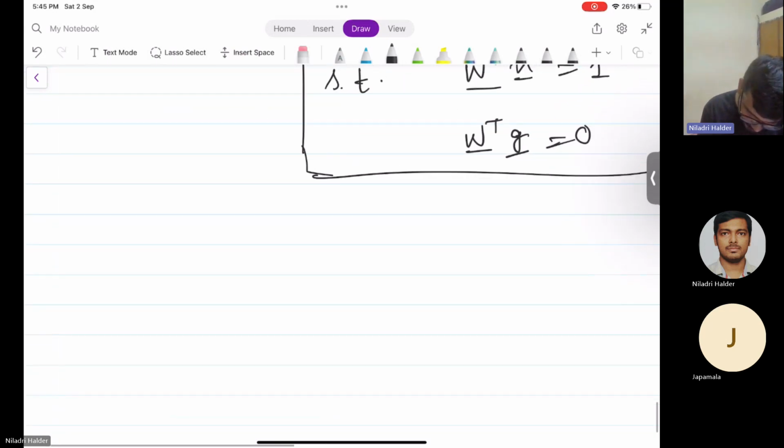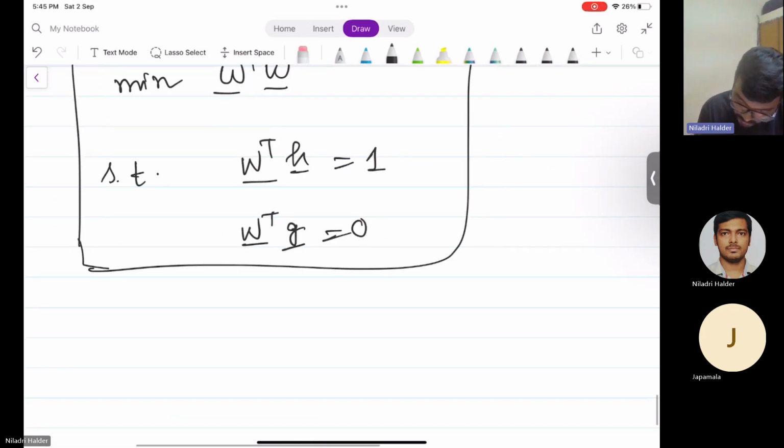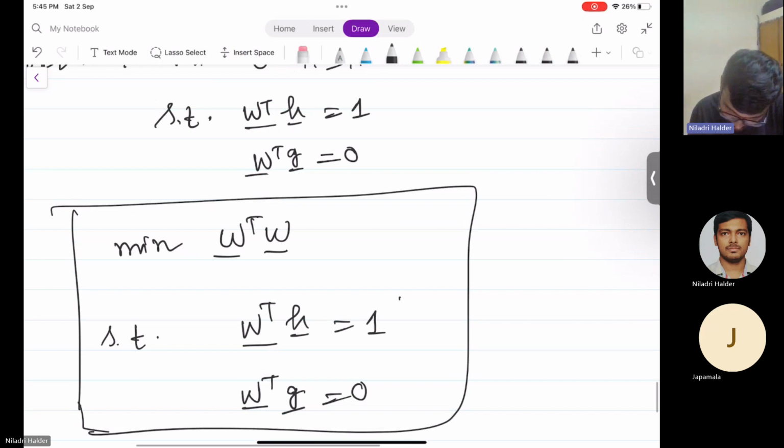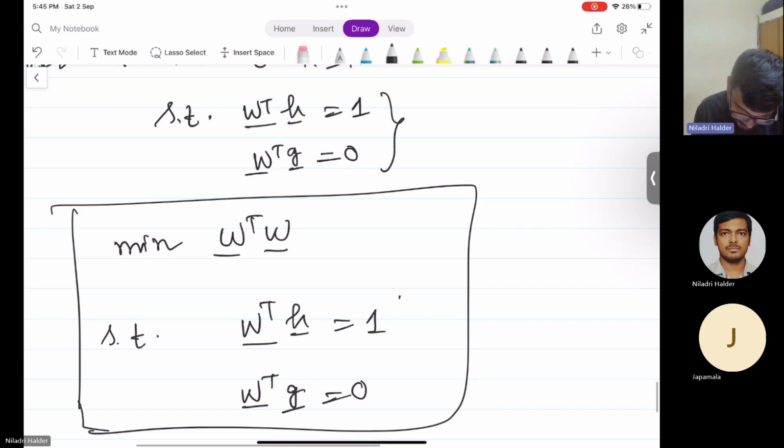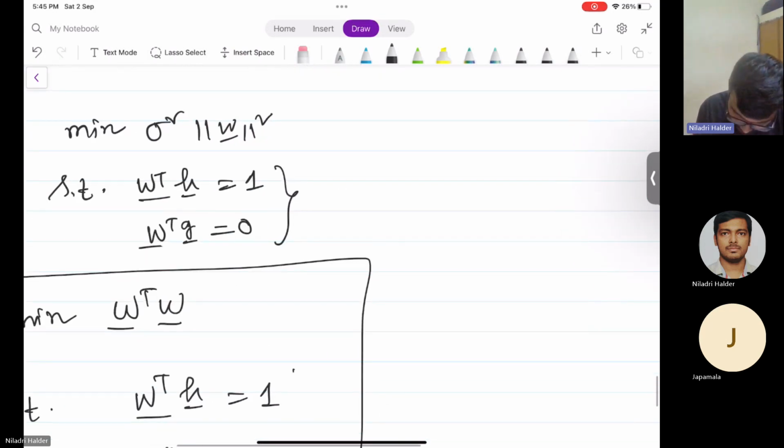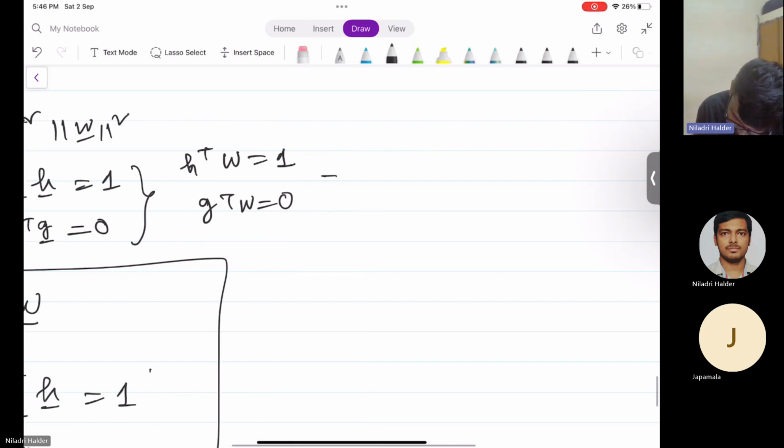Similarly, we will find the Lagrangian. These two constraints can be written as a single constraint. The first one is H transpose W equal to 1, the second one is G transpose W equal to 0. So we can write this as H transpose and G transpose times the W vector, equal to 1 and 0.